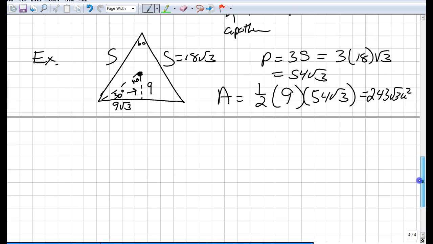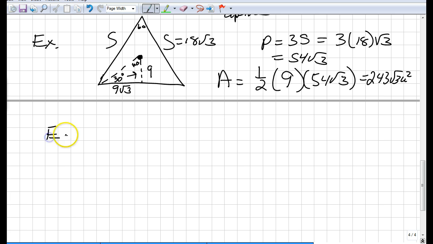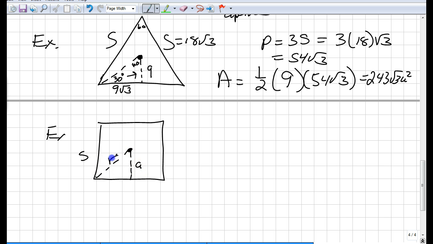Example 2. Let's say I have a square of side length S. Here's the center of the square. This would be the apothem. This would be the radius. Okay? And I know that the area is 100.